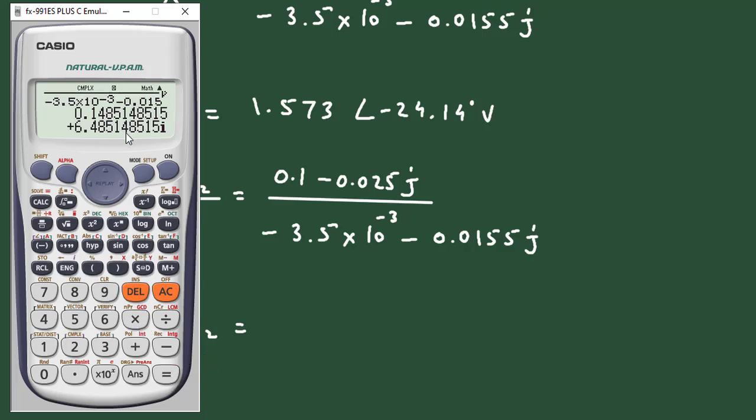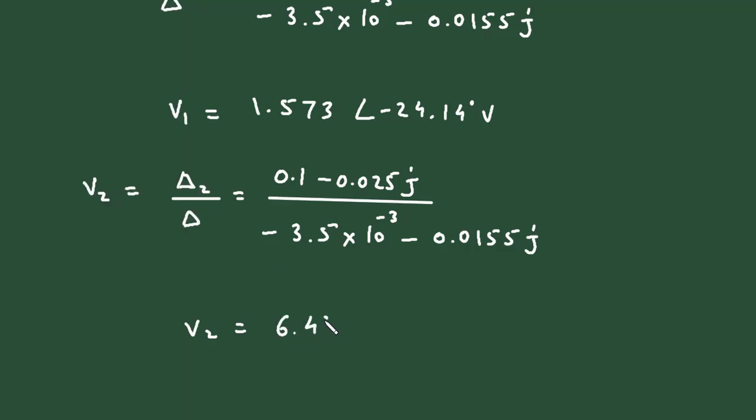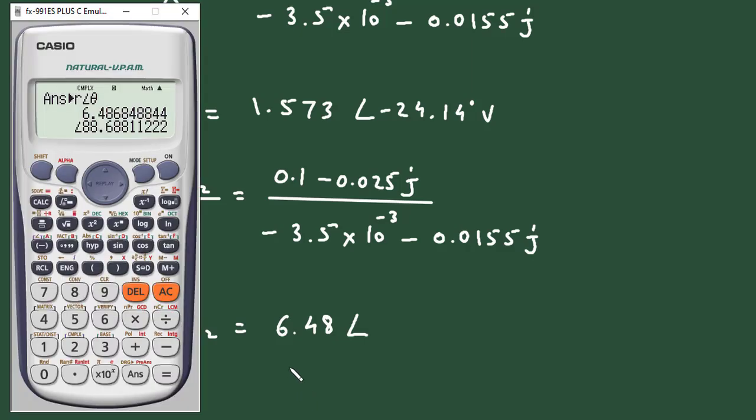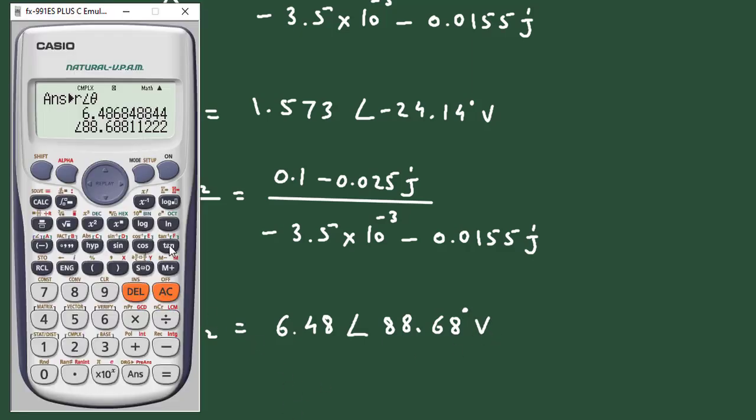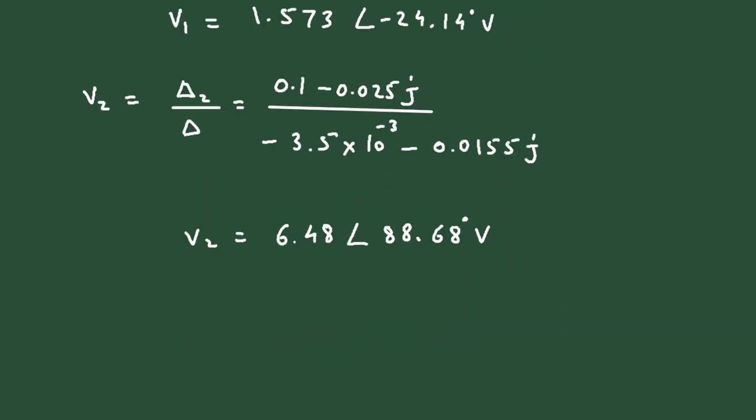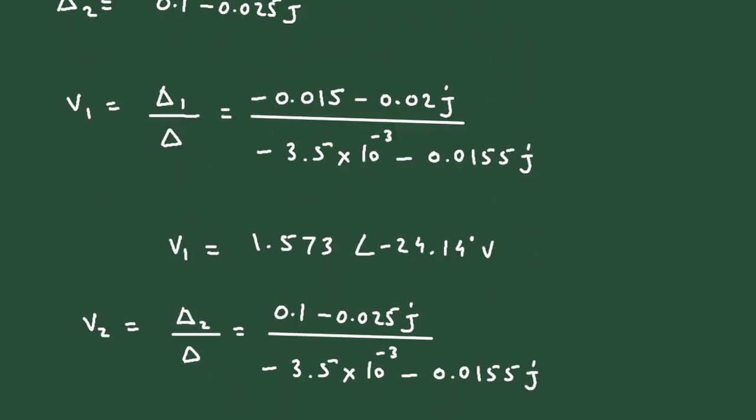It is equal to this value in rectangular form. In polar form, shift 2, 3, so 6.48 at an angle 88.68 degree volt. So this is the answer for V1 and V2.